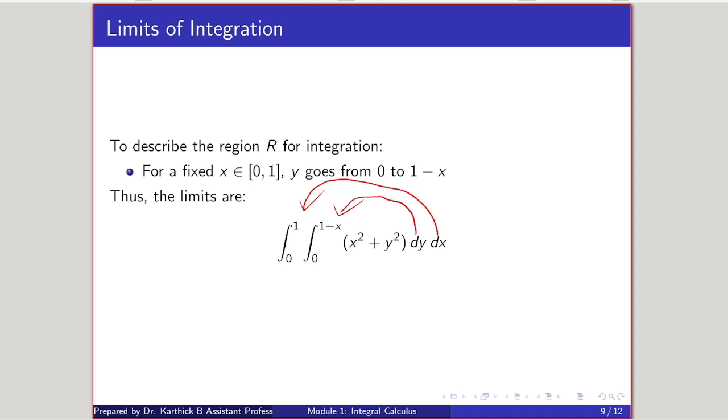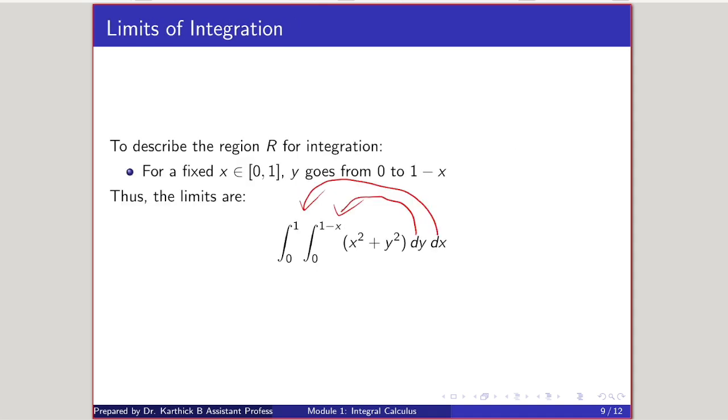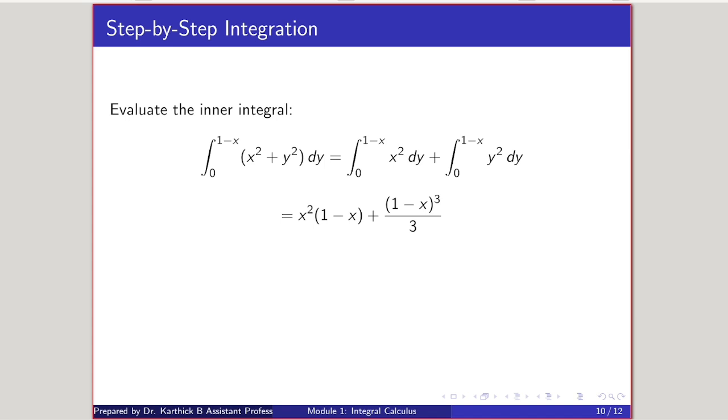Okay, so now, similar to before, we will evaluate this integral. I'm just taking the inner integral, 0 to 1 minus x, of x square plus y square dy, and then dx. First I will evaluate the inner integral. I'm splitting this x square and y square separately.